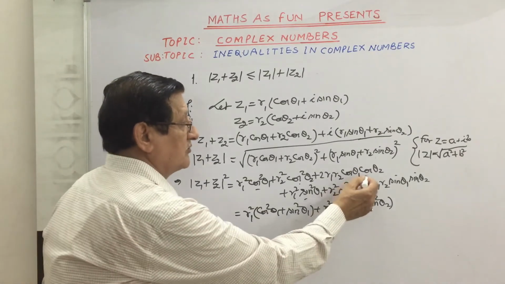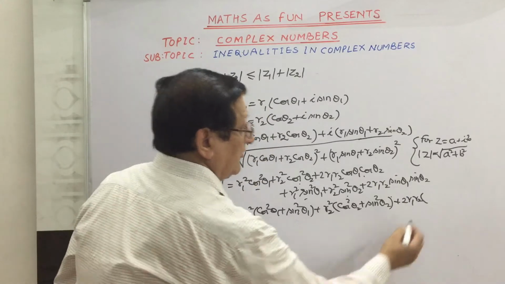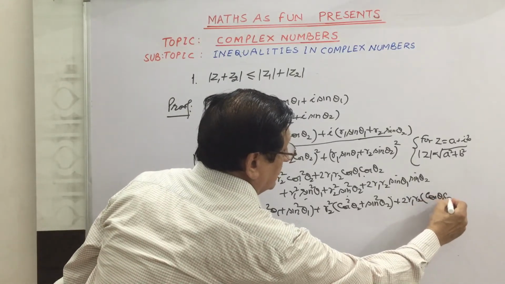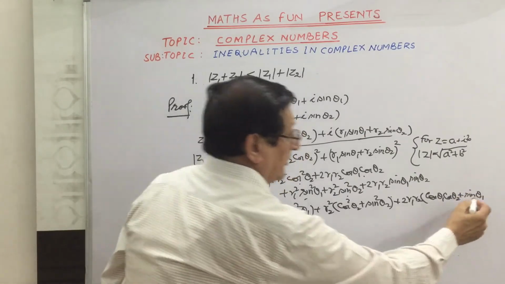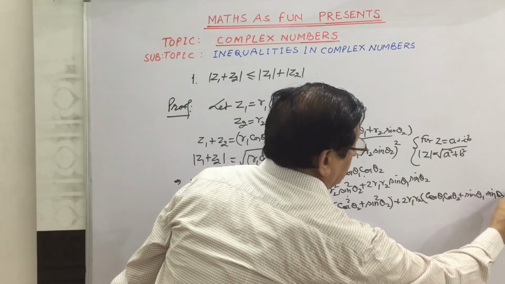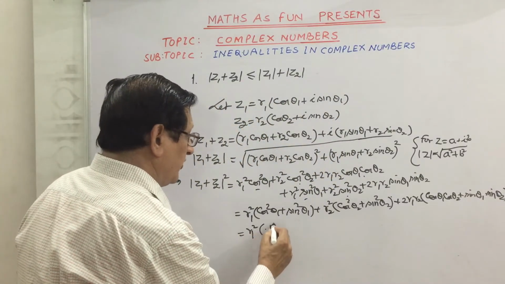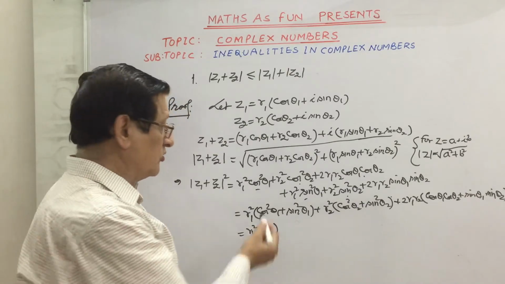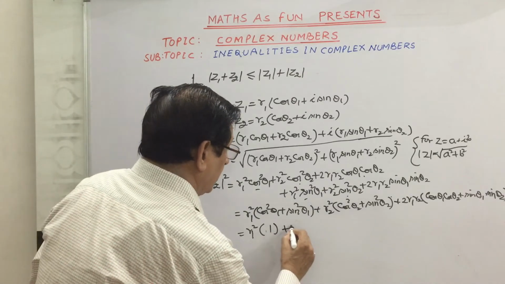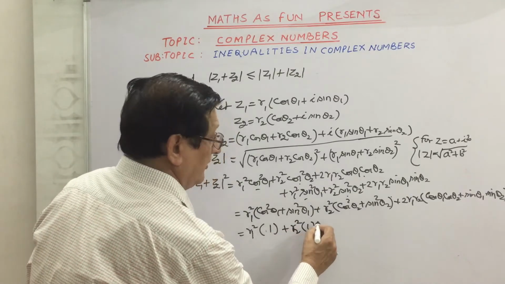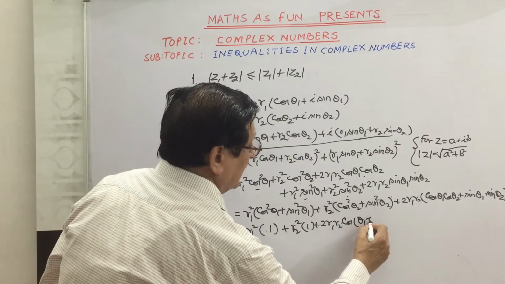And if we take these two terms together and take 2r1r2 common, we get cos θ1 cos θ2 + sin θ1 sin θ2. If we simplify, r1 square into 1. Why? Because we know cos square θ + sin square θ is 1 for any value of θ, plus r2 square into 1 plus 2r1r2 into cos of (θ1 − θ2).